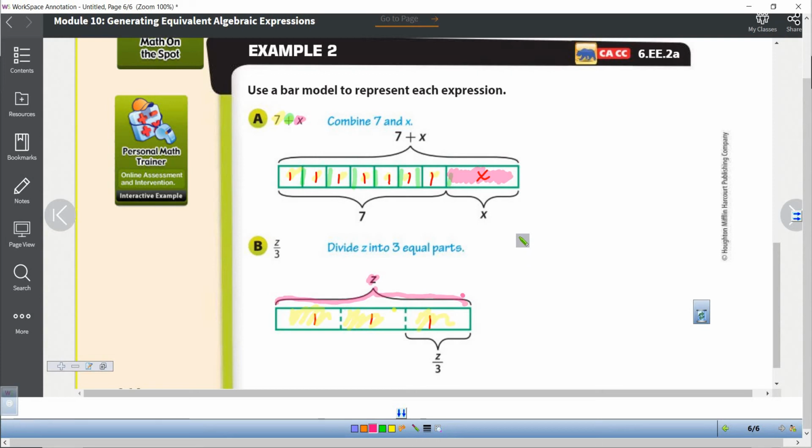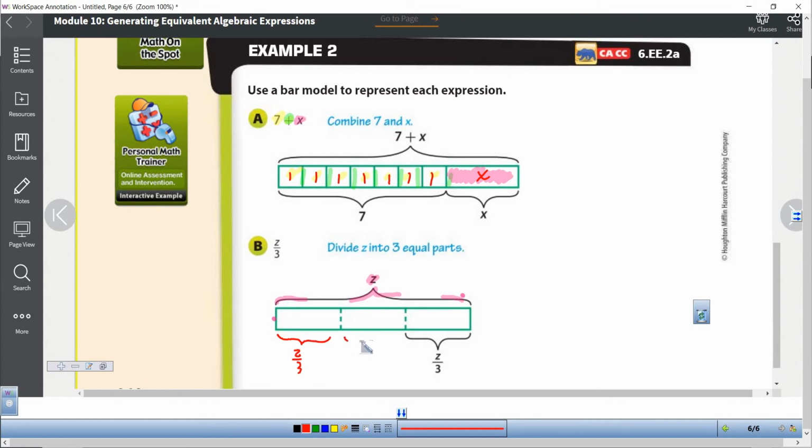So this represents z divided into 3 equal parts. Actually, let me take that back, because this isn't necessarily 1. It's one part. I apologize. So each of these is z divided by 3.